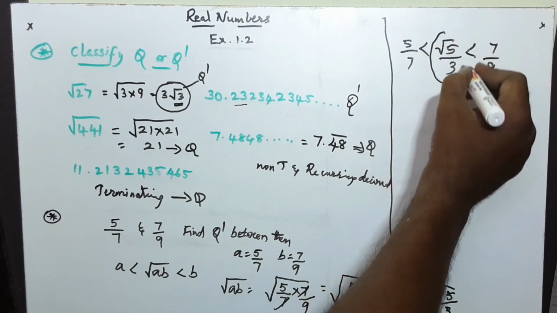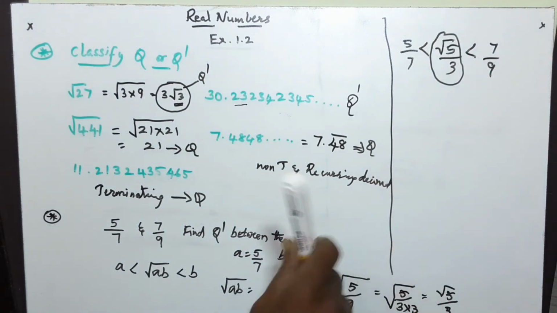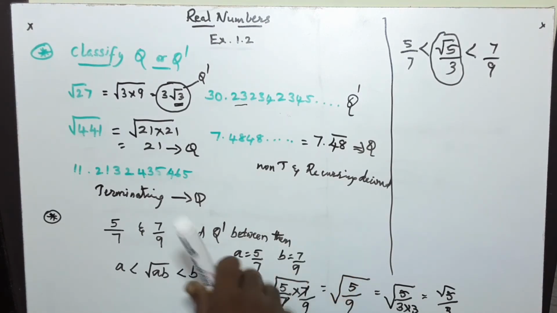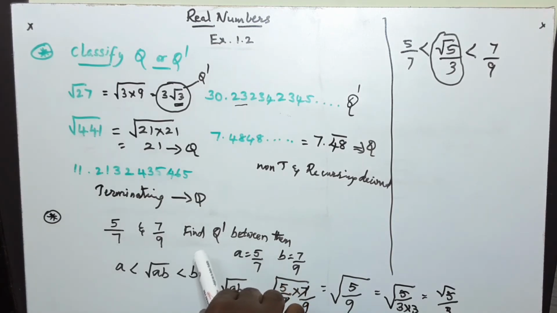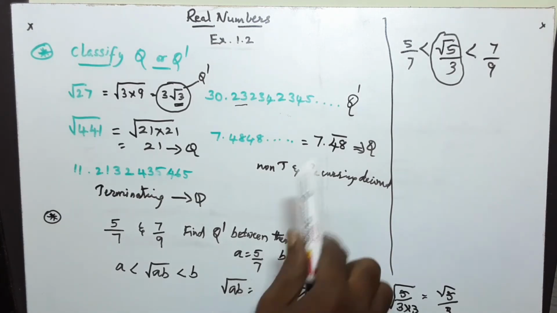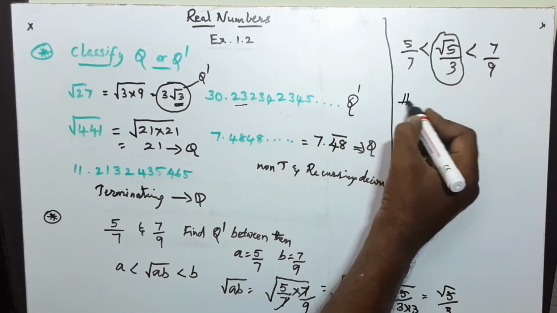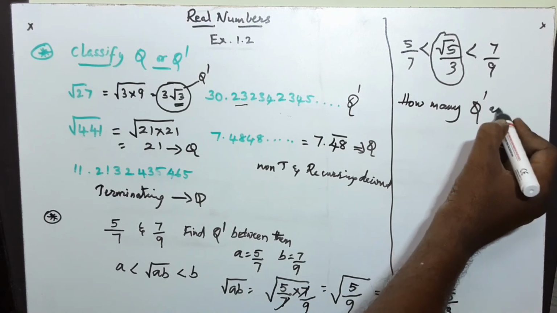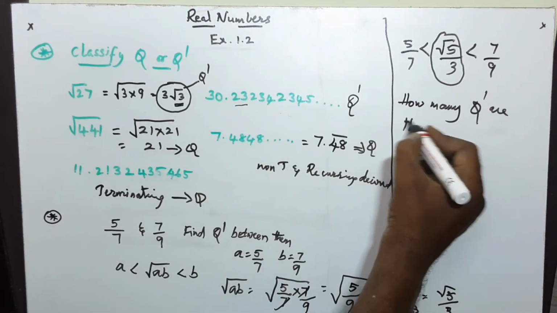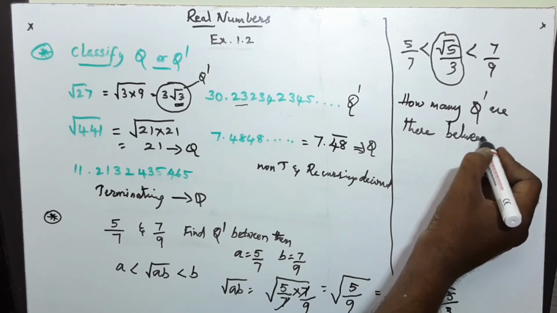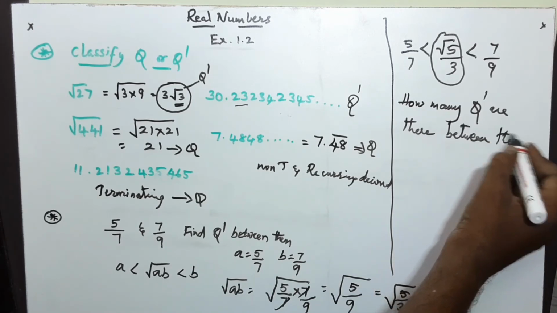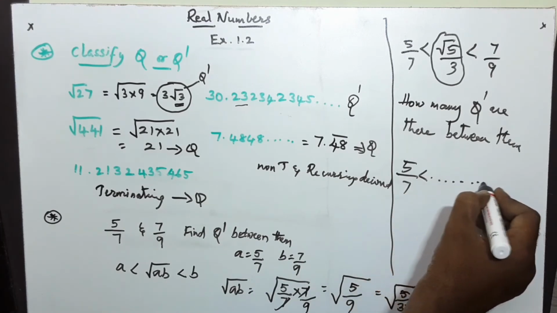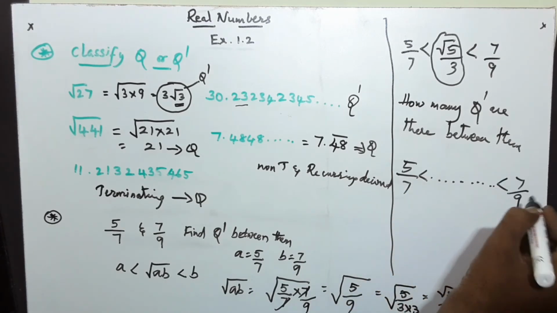Therefore this is an irrational number between the two rational numbers 5/7 and 7/9. Another question for the same problem: how many irrational numbers are there between them? The solution is that there are infinite irrational numbers between any two rational numbers.